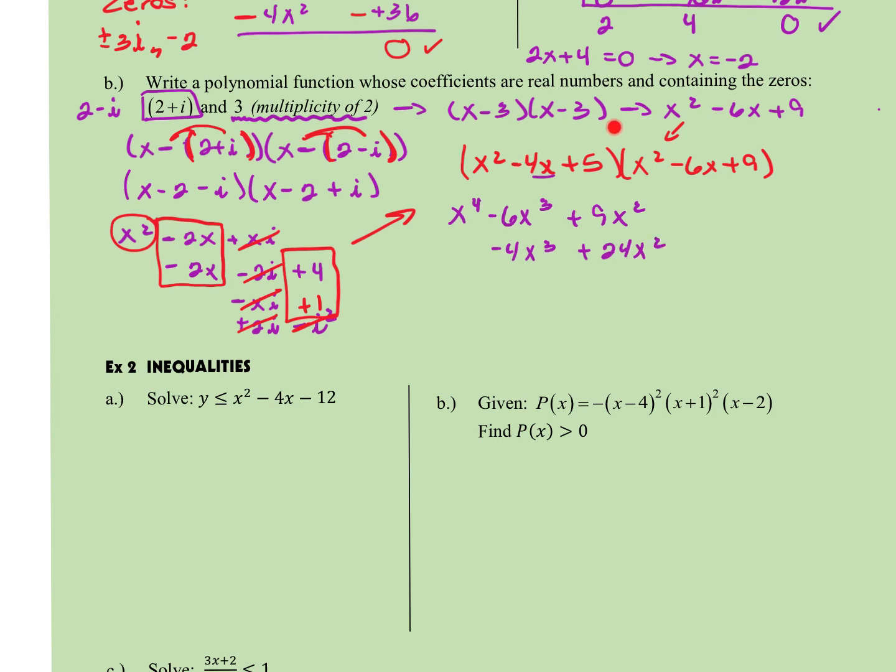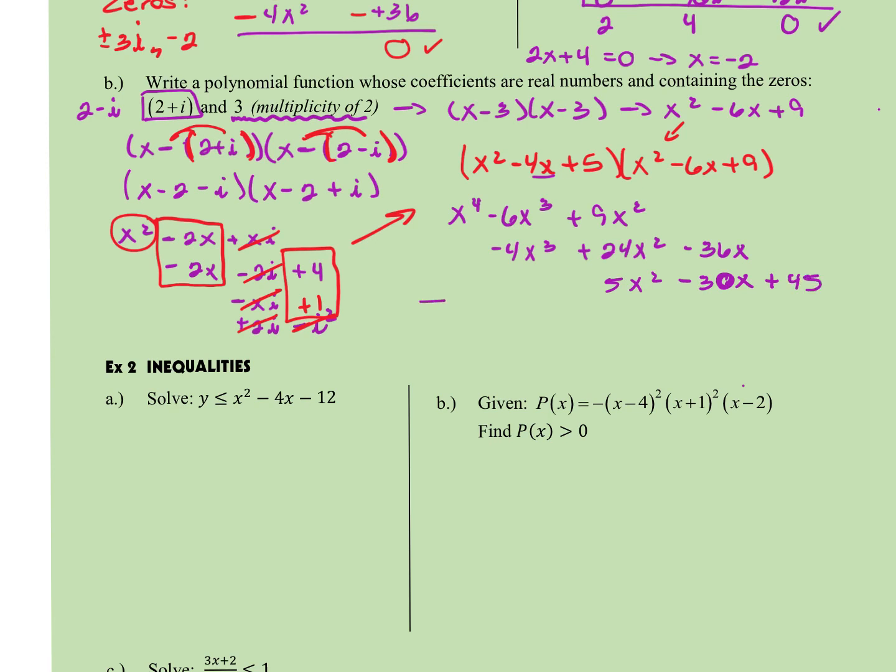And then I'm going to have a minus 36x. Then I'm going to distribute the 5, and I'm going to have a 5x squared. Notice each time I'm lining up the terms that are similar. Then I'm going to have a minus 30x. Oops, 30, not 36, minus 30x plus 45, okay?